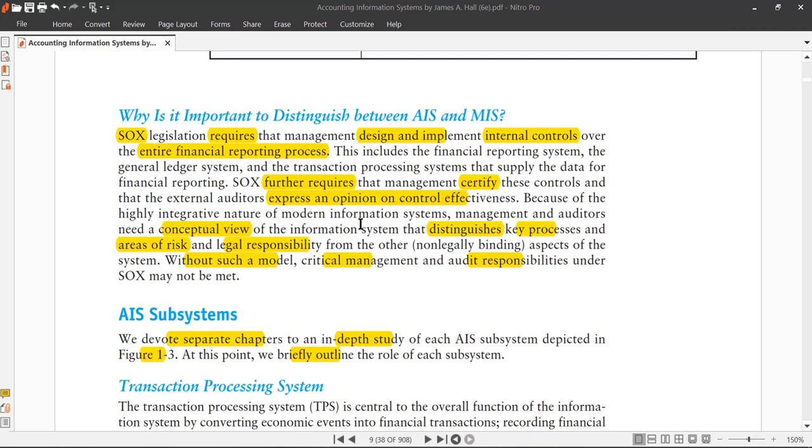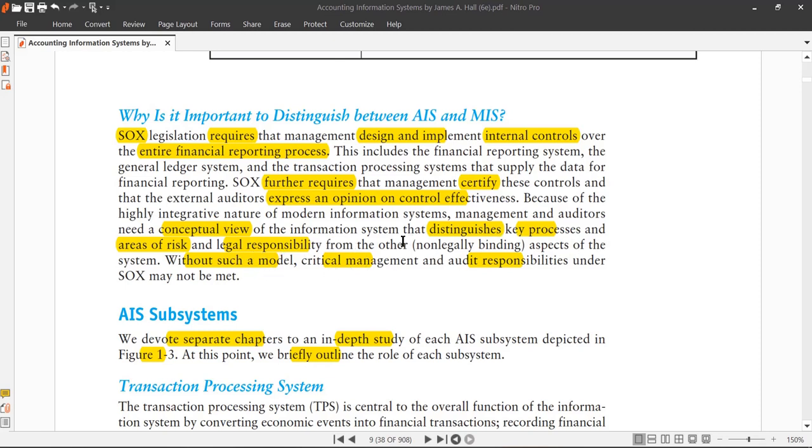Kailangan is ma-distinguish daw itong AIS tsaka MIS kasi para yung key management ng business tsaka yung mga auditors is meron silang conceptual view of the information system kung saan dinidistinguish yung key processes, yung mga areas of risk, yung mga prone sa risk, prone sa error, prone sa fraud, as well as the legal responsibility.